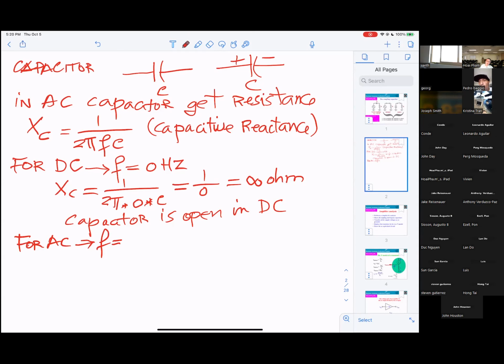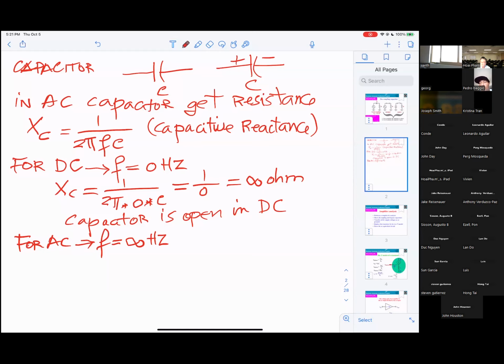Someone say 1 kilohertz. Someone say 10 kilohertz. What do you think? Whatever the input frequency. I say infinity.